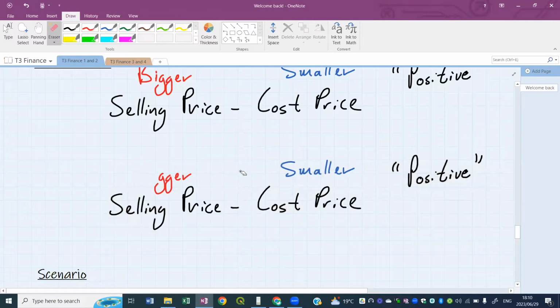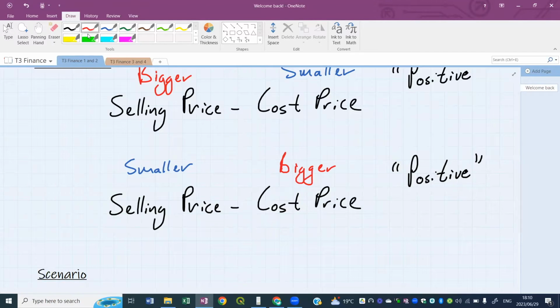And if we have a smaller selling price and a bigger cost price, then the answer for this is not going to be positive. It's going to be a negative answer. Okay, we can put in some examples as we go. So let me write some examples here.